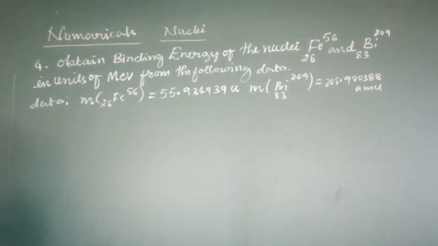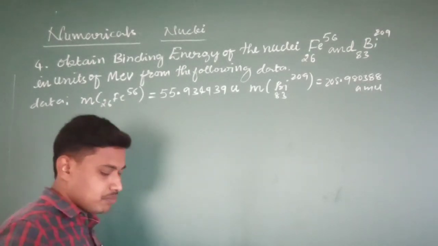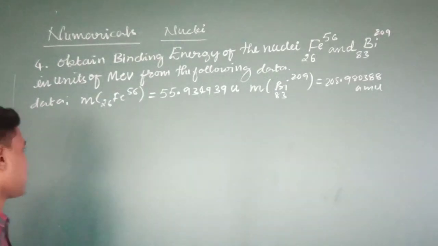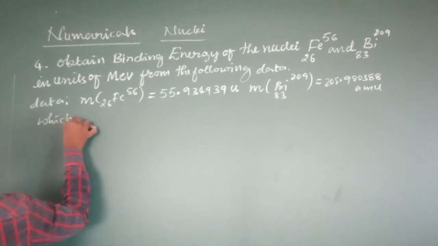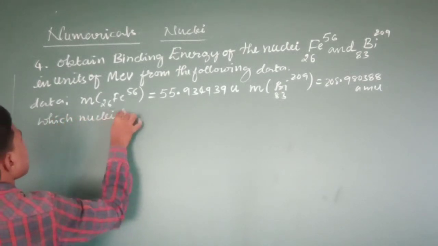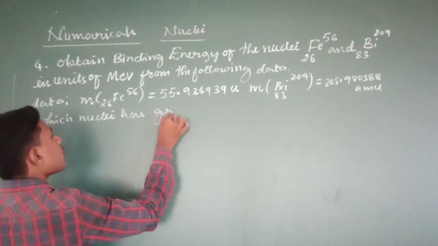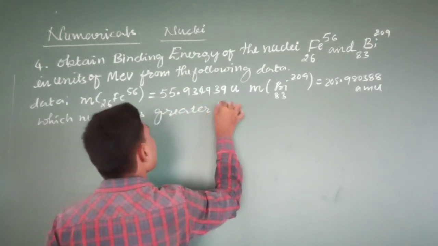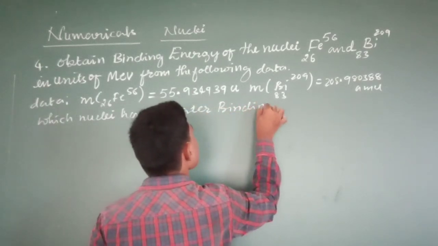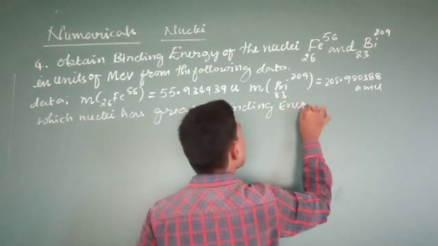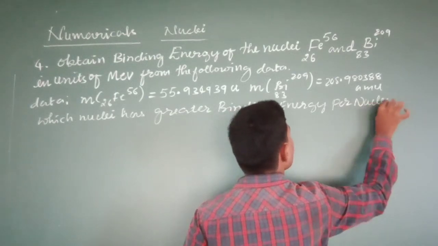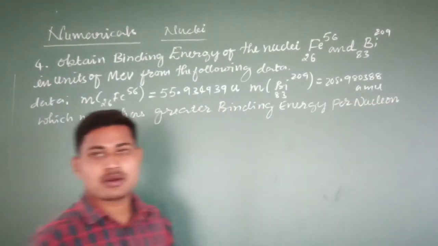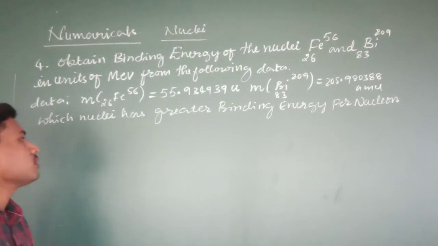Next, which nucleus has greater binding energy per nucleon? Another question they are asking after giving this data. Among iron and bismuth, which has greater binding energy per nucleon?